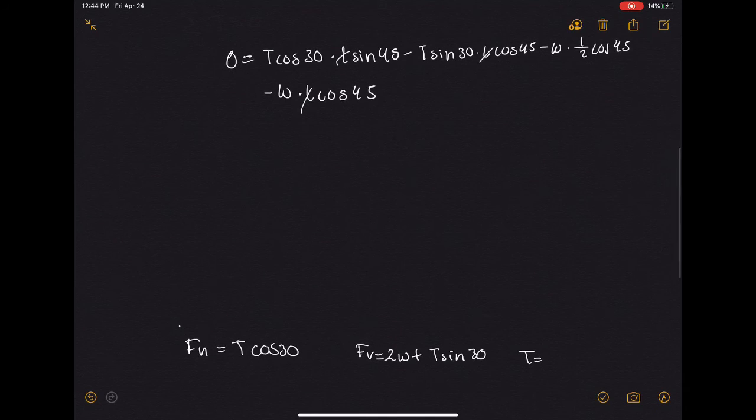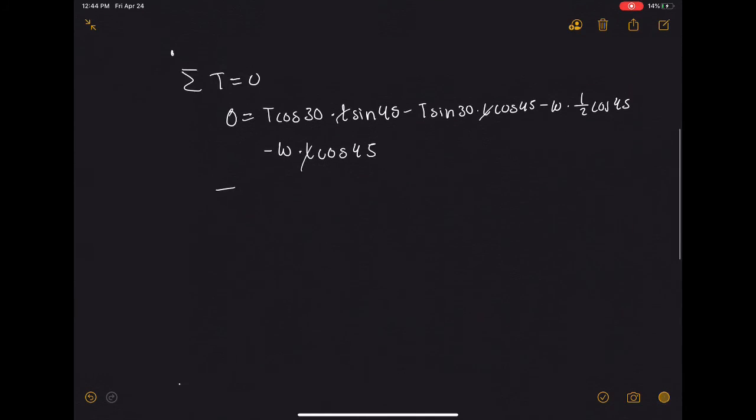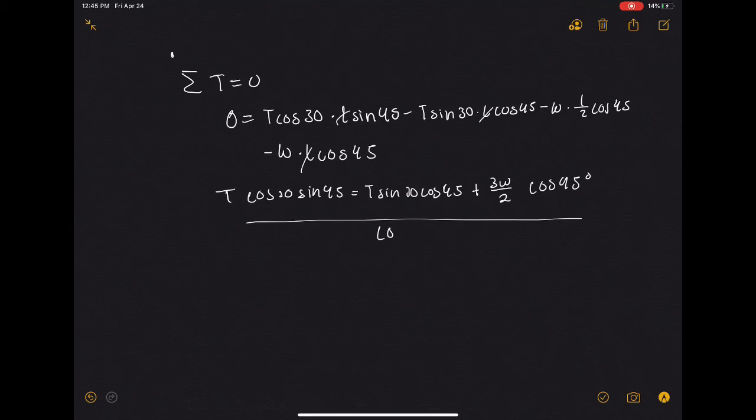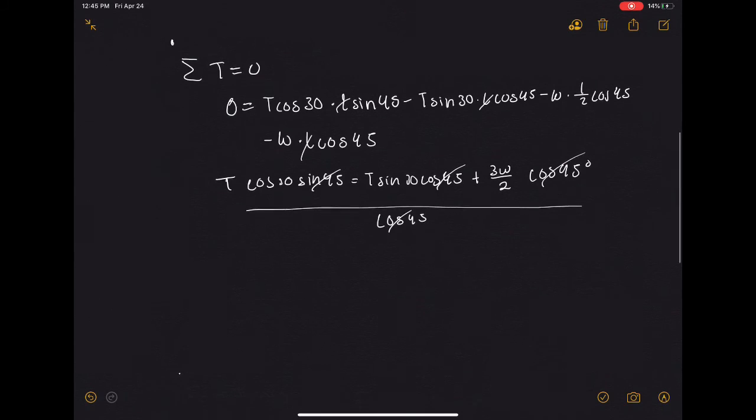Then we're going to have T cosine 30 sine 45 equals T sine 30 cosine 45 plus 3W over 2 cosine 45. And we can divide all this by cosine 45 to cancel them. Since this one and this one give you 1, we can cancel it, and this one and this one are the same, so we can cancel that as well.